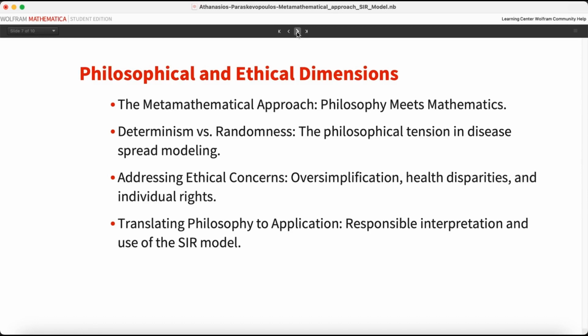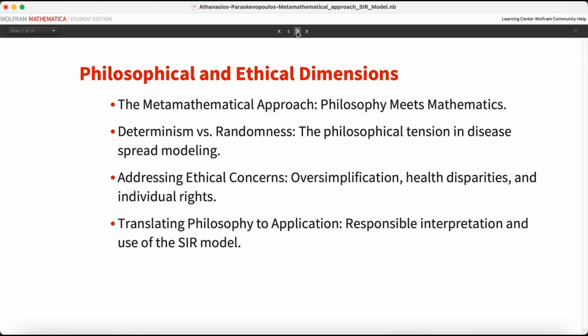As we go deeper, we see how big ideas and maths come together. This special way of thinking makes us wonder about things like fate versus chance and how disease spreads. It's tough because real life outbreaks are unpredictable.